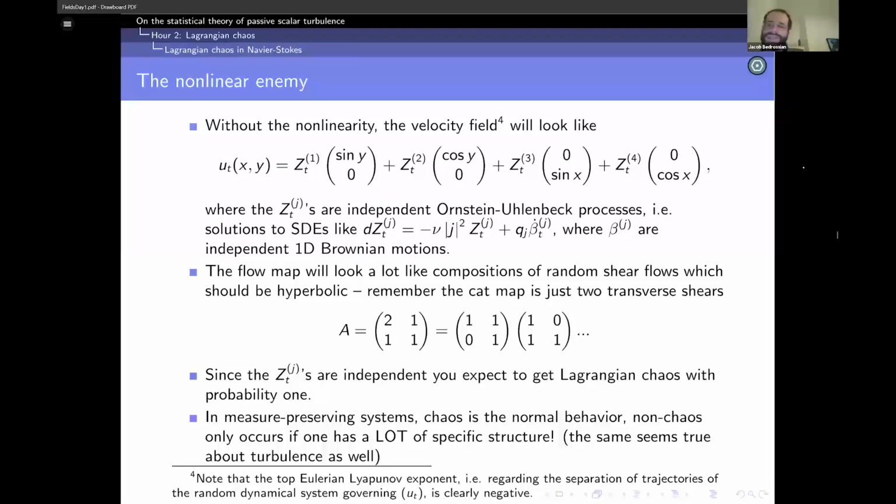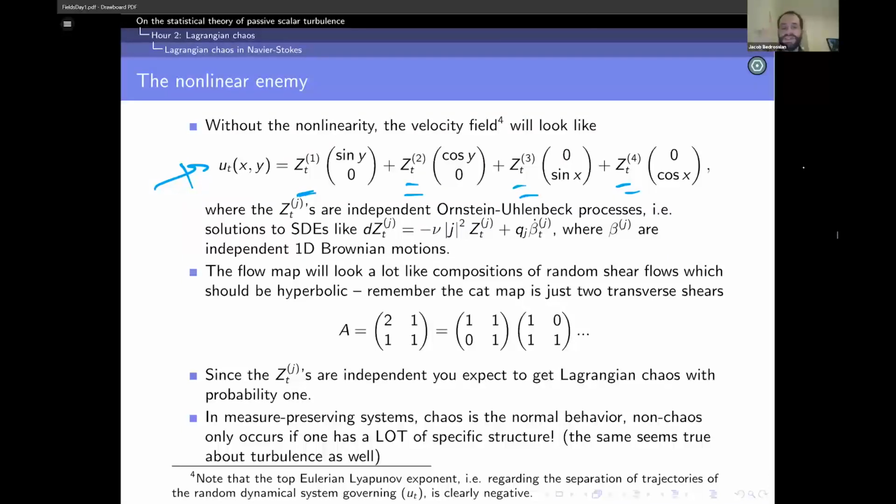It's not exactly, but let's think heuristically. Compositions of shear flows like this and then this are actually hyperbolic. In fact, the cat map, which is the canonical uniformly hyperbolic map, is exactly a composition of a shear flow like this and then a shear flow like this. So you should totally expect that this flow should be chaotic, unless these z's are correlated in a very specific way. It doesn't have to be OU processes, just anything that isn't correlated in some pathological way, and we'll make this more precise, this flow will be chaotic.